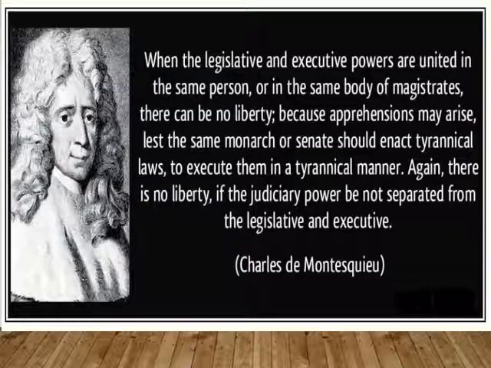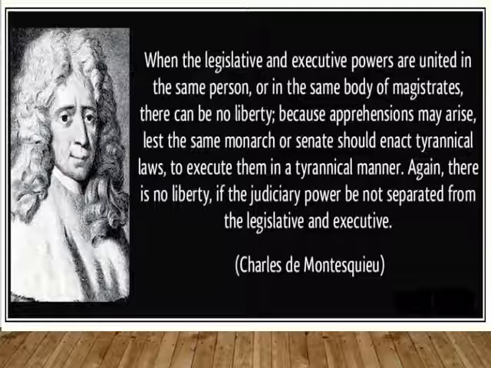For example, the scholar Charles Montesquieu, who is one of the thinkers we talked about a lot in this course, and we mentioned a lot about his contribution, said that when the legislative and executive powers are united in the same person or in the same body of magistrates, there can be no liberty, because apprehension may arise lest the same monarch or senate should enact tyrannical laws to execute, or implement them, in a tyrannical manner.